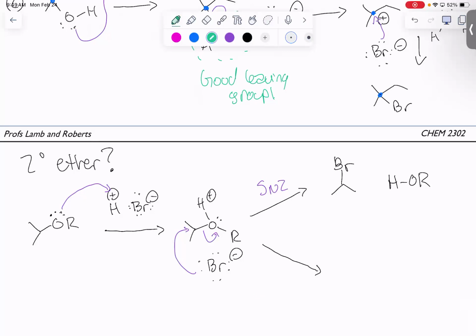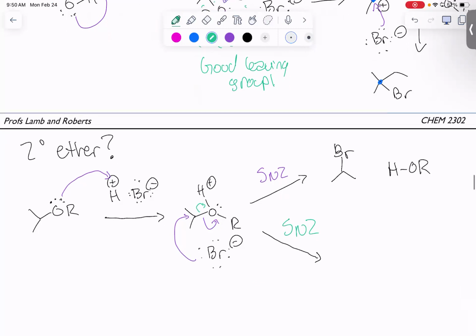Alternatively, we could also think of an SN1 path here. All right, so if we had SN1, what we would instead see is that our arrow would be breaking without any nucleophile attacking. So let's break that oxygen carbon bond.